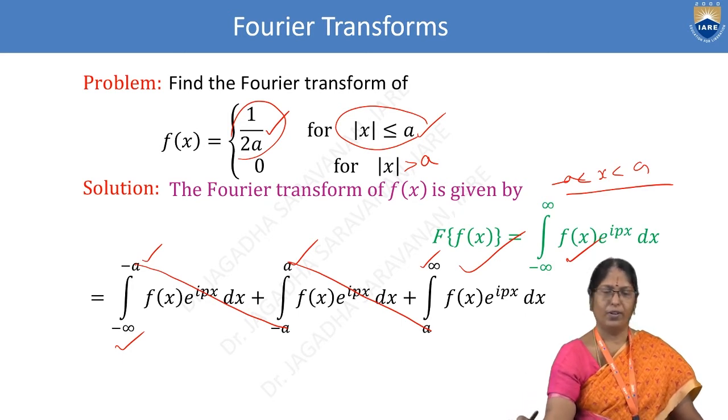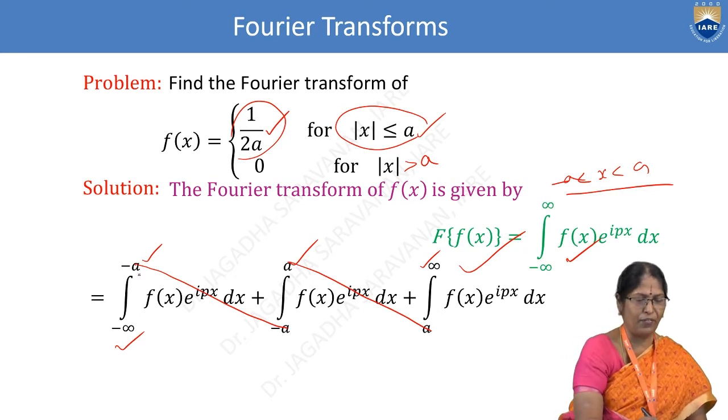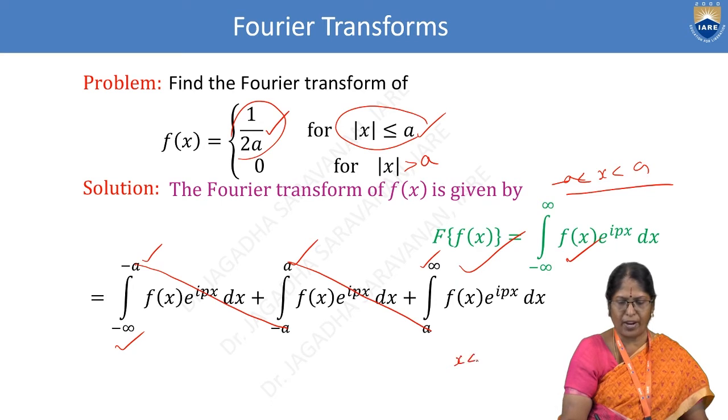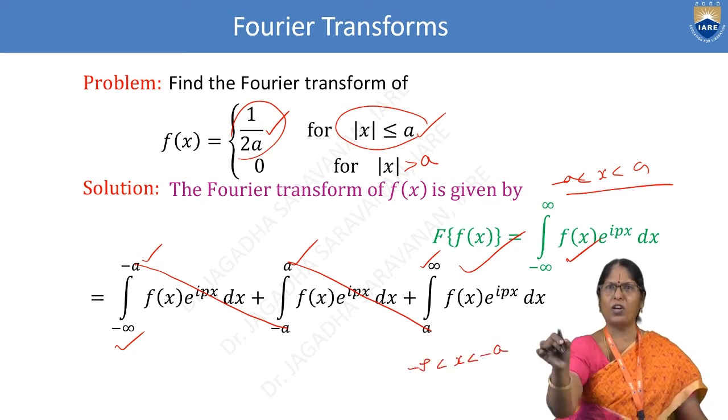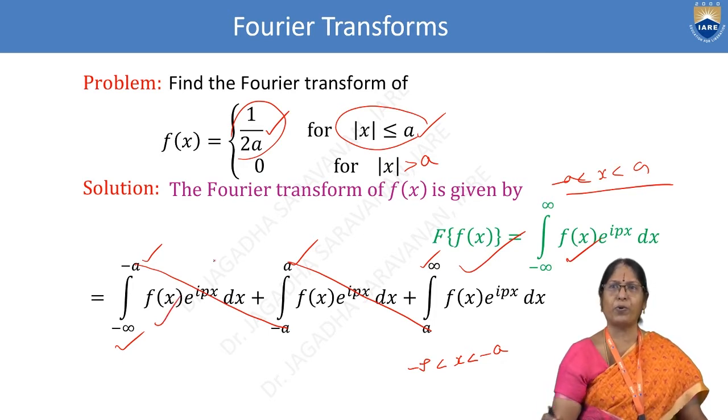Now, what is the meaning of this? Minus infinity to minus a, that is, x lies between minus infinity and minus a. What about f of x? We have to check our problem. What is our function satisfying this condition?